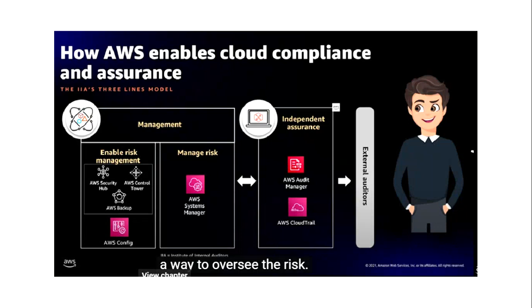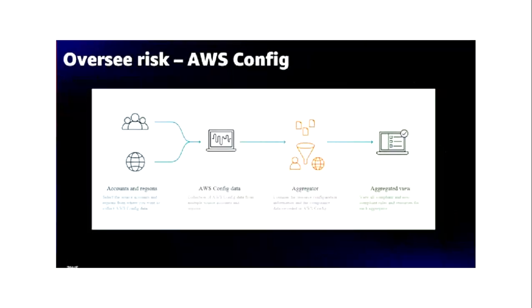Now let's look at how we're going to have this. First, let's have a look at AWS Config. AWS Config is an AWS product that can aggregate different accounts from different regions and operation units, and those different account data are aggregated and further visualized.